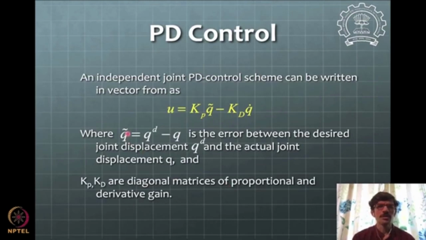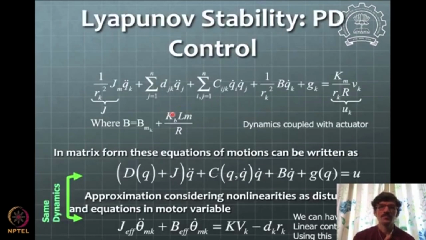And Q tilde is defined as Qd minus Q, the desired generalized coordinate minus the actual generalized coordinate. That is the error term that we are defining here. So U is equal to Kp times error plus Kd times error dot, and these are now in the vector matrix form. So this U is again a vector which is used here.